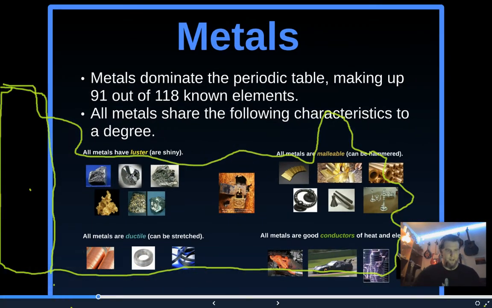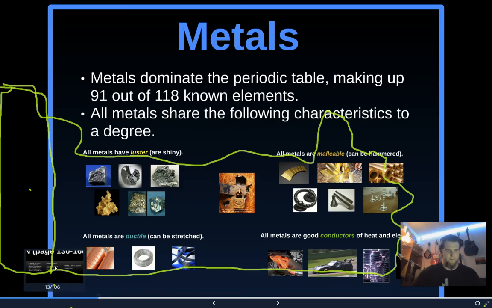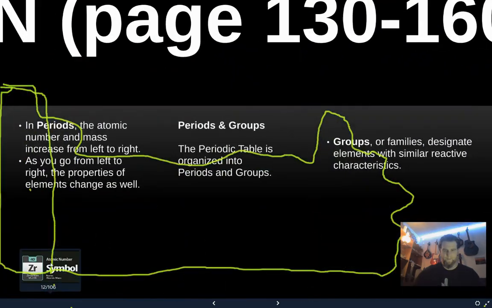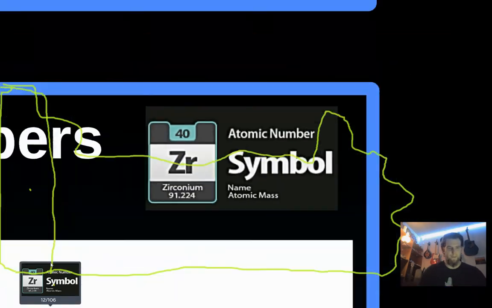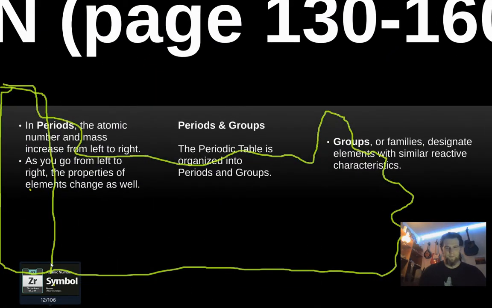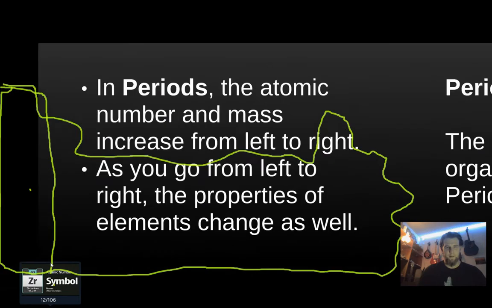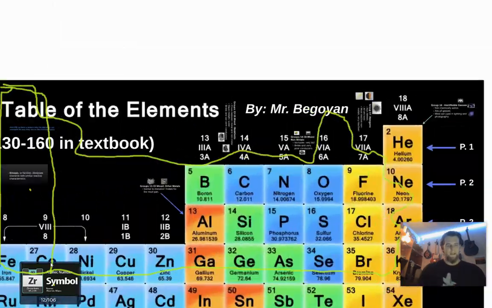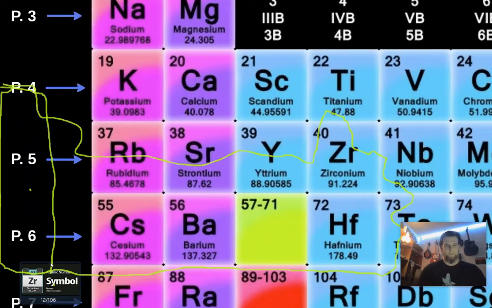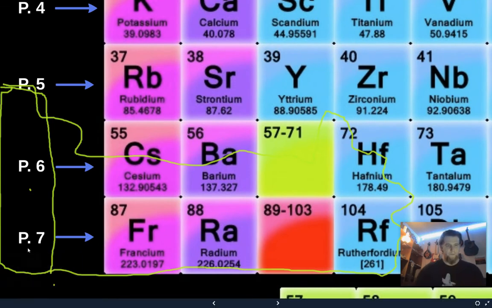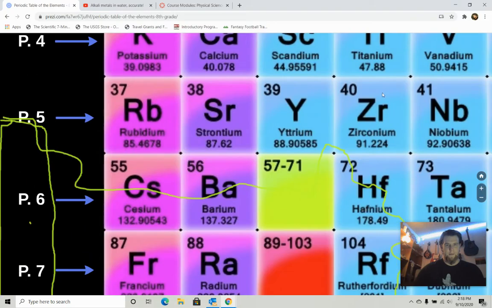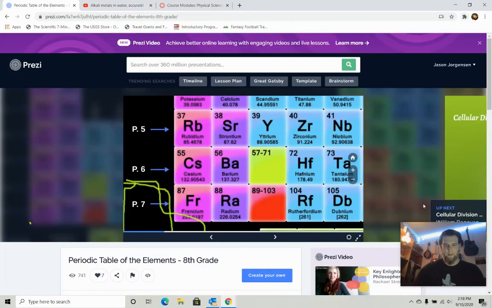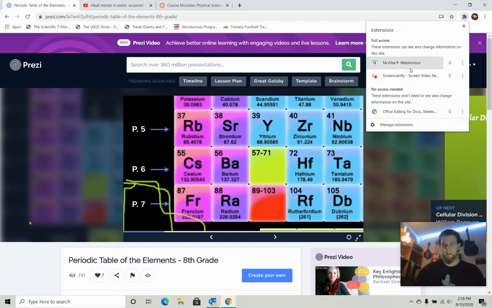I'll try to erase these markings. Oh boy. This is not going to be fun.